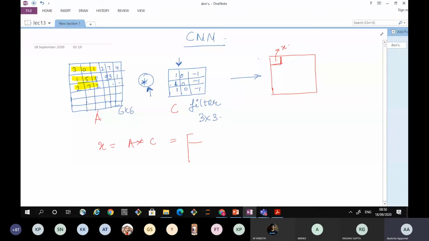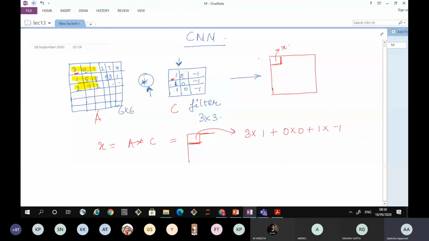This x is calculated as 3 into 1 plus 0 into 0 plus 1 into -1. So what I'm doing is multiplying the first value with the first value, the second value with the second value, and adding all the 9 values.